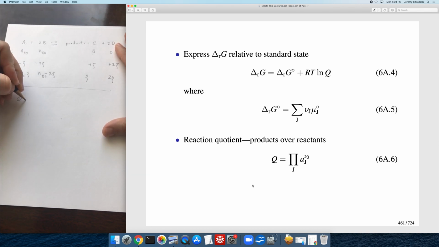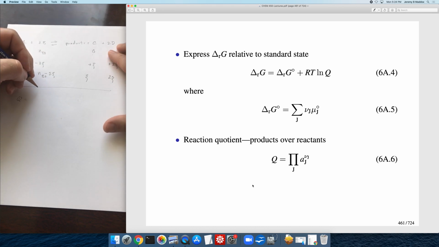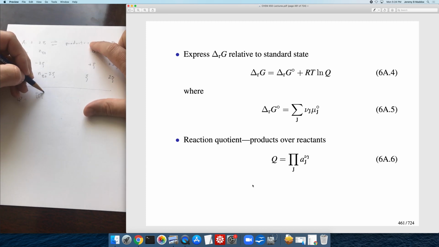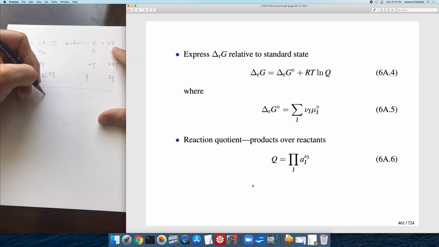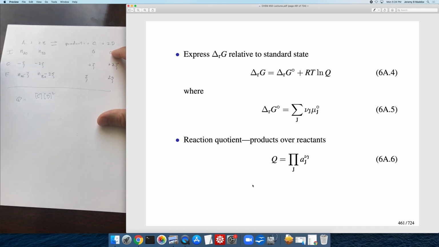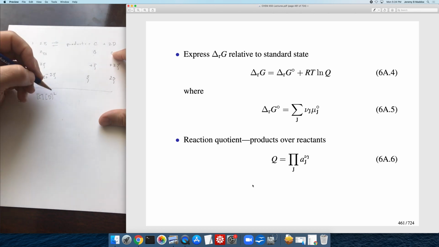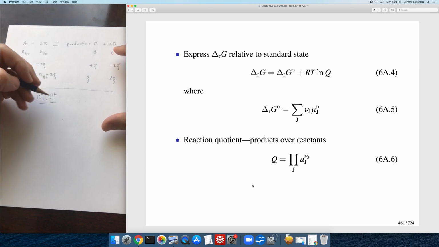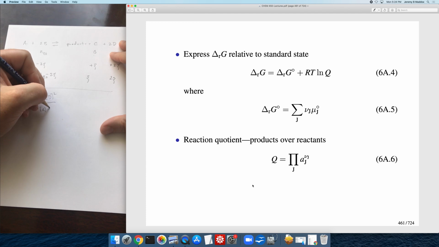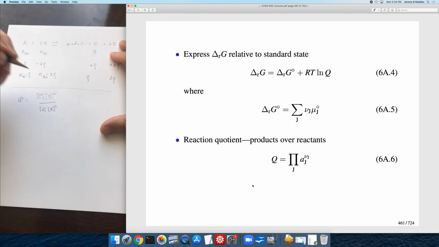I'd say Q is going to be equal to products, so the concentration of C raised to its stoichiometric coefficient, concentration of species D raised to its stoichiometric coefficient of 2. The signed stoichiometric coefficients of the reactants are negative, which is going to put them in the denominator. So we're going to get A to the 1 power, B to the 2 power in the denominator.